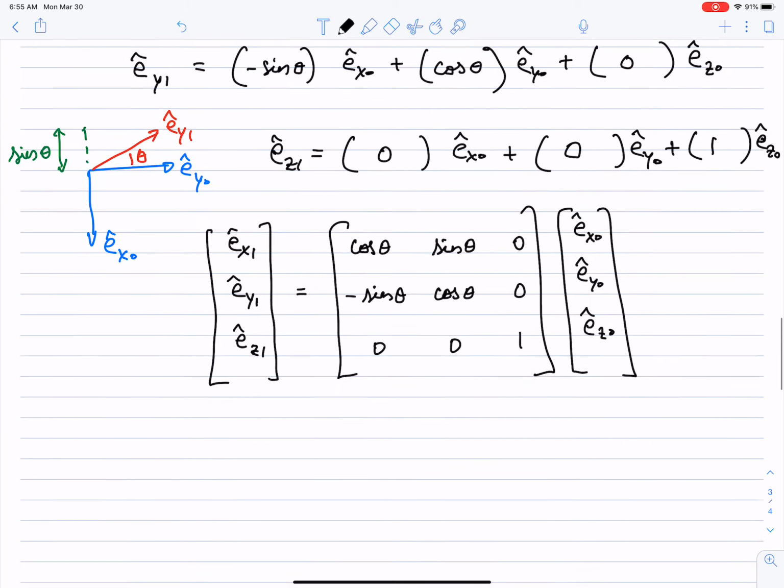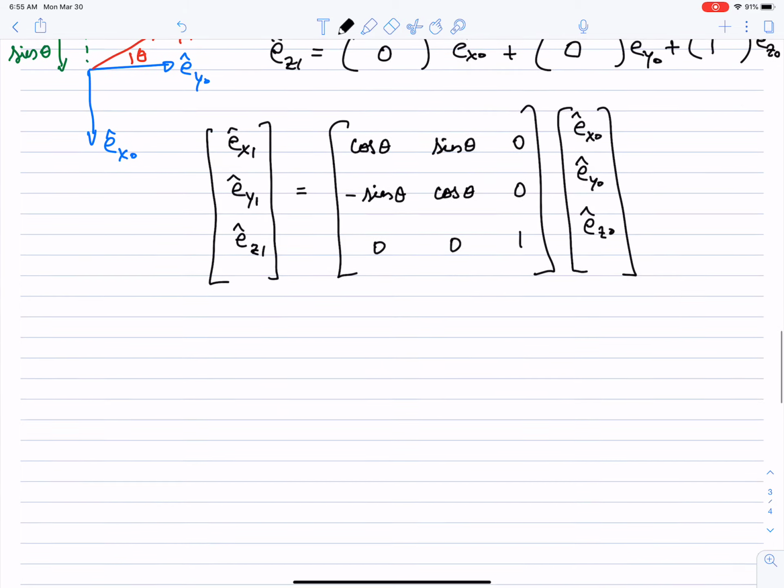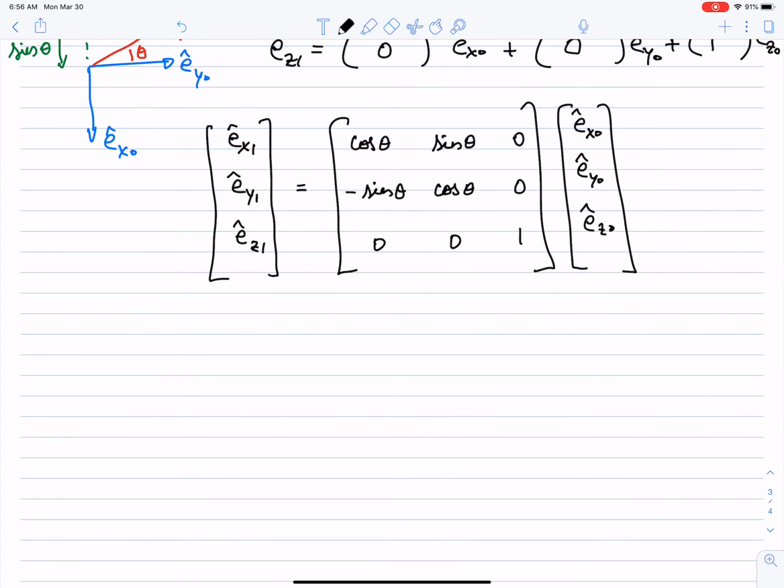Okay, so this is a relationship, and this is a matrix. So this is basically those three equations rewritten in matrix notation.